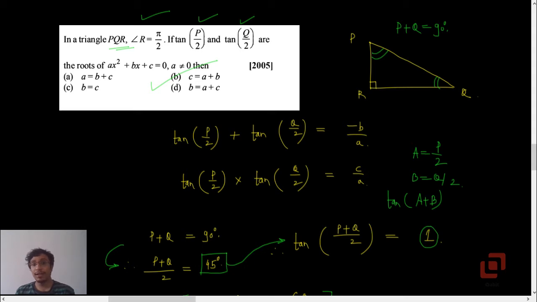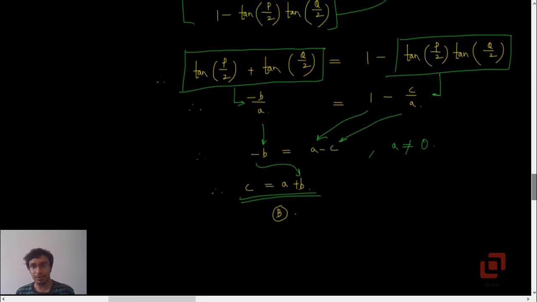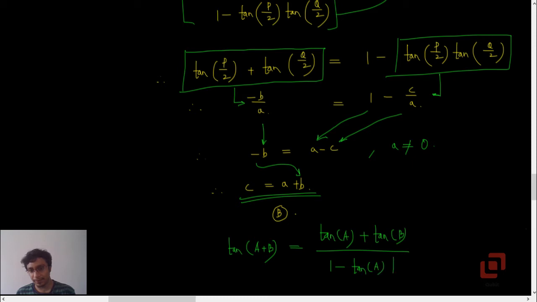So the paper setter, whoever came up with this question, actually framed this question based on two things. First, the quadratic equations and the related formulas, but at the same time he or she also made use of the formula that tan of a plus b is equal to tan of a plus tan of b upon 1 minus tan of a into tan of b.